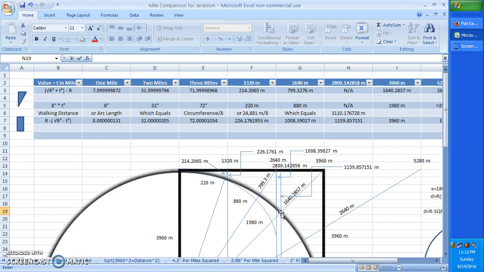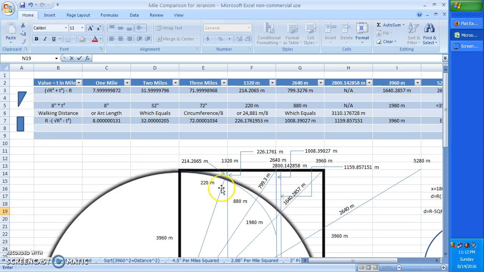So we're going to find out what true curvature is here. Using the tangent distance of 3,960 miles, drop along the hypotenuse of 1,640 miles, plots this point here. And what we need to do is find out what this distance is. In order to find that out, we need to know the arc measure.